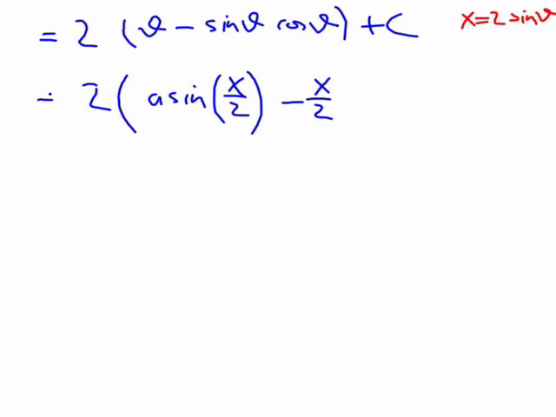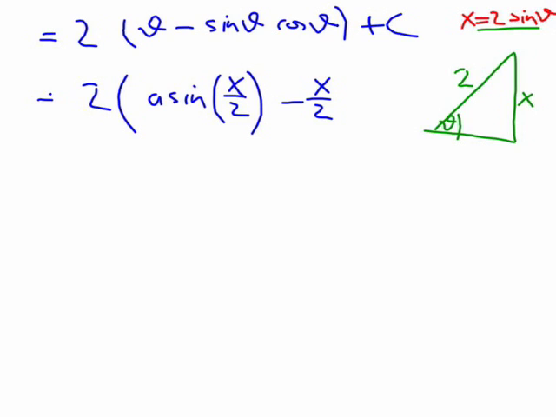For cosine theta, we need to draw a triangle. A triangle for the situation here. So we draw a triangle with angle theta here. The sine of theta is x over 2. The sine is the length of this side divided by this side. So if we set this to 2 and this to x, we have the right situation.